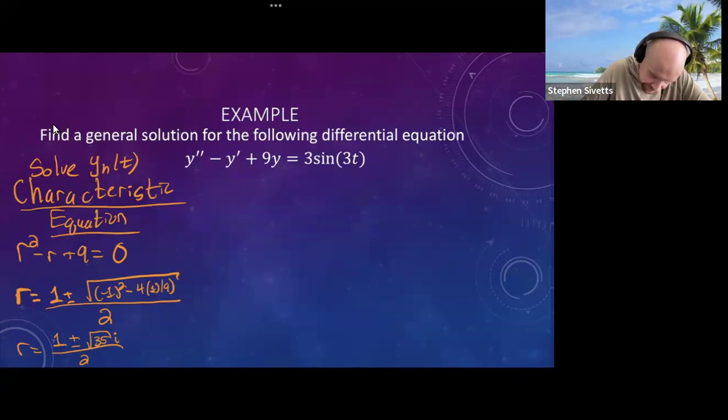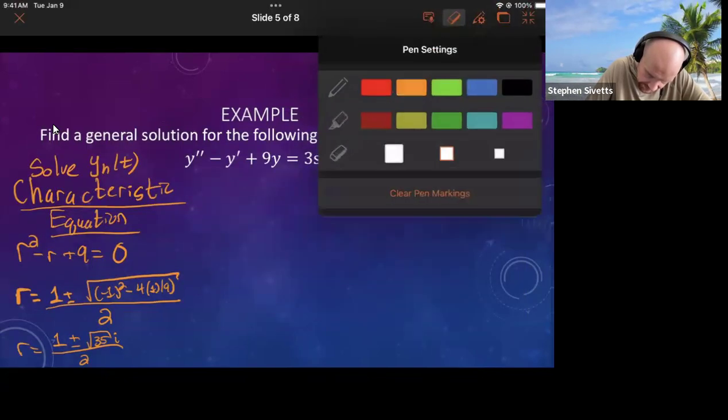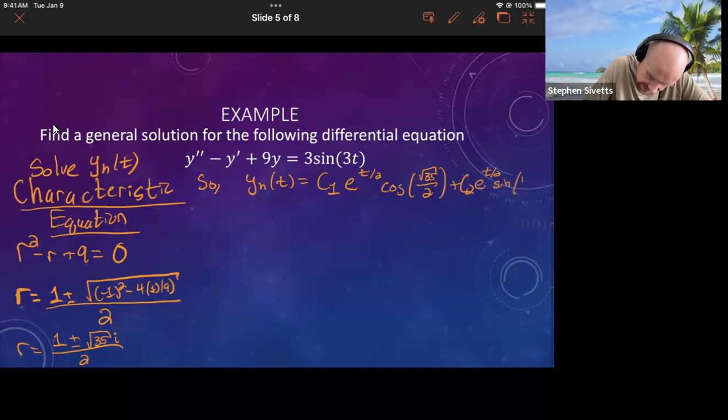So now the homogeneous solution, y sub h of t, will be equal to C1 times e to the t over 2 times cosine of root 35 over 2 t, plus C2 times e to the t over 2 times sine of root 35 over 2 t.